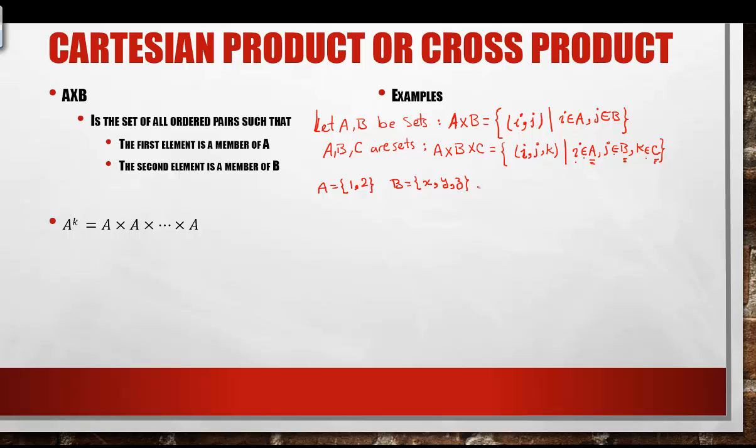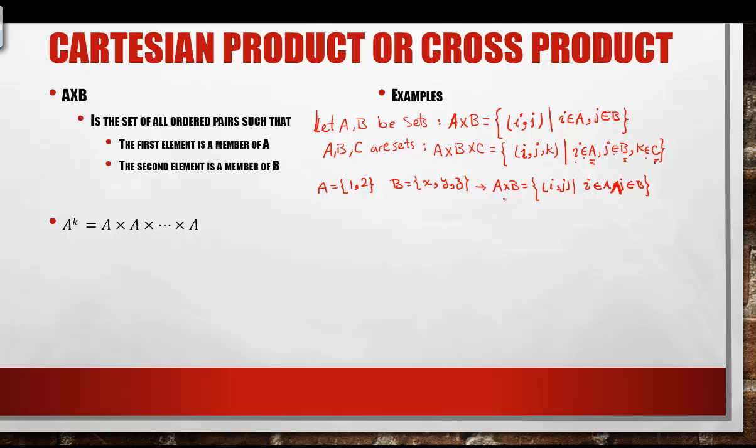Then A cross B will be a set made of tuples I, J, such that I is from A and J is from B. I could even write my little wedge symbol here.